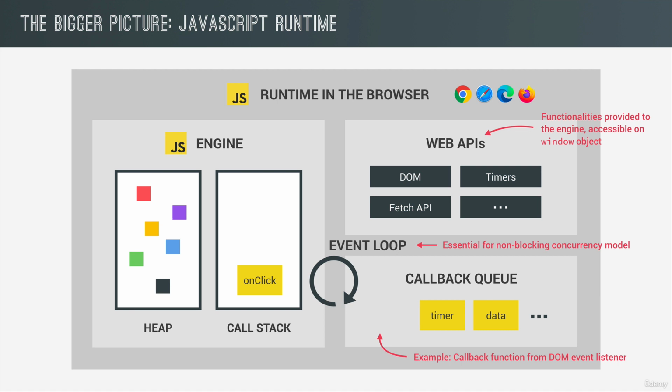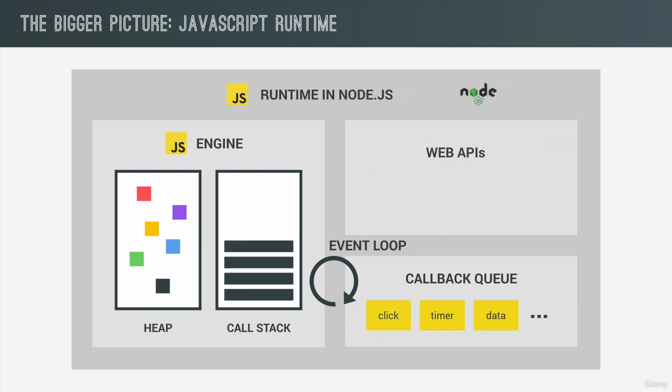All right, so as I already said, the focus in this course is on JavaScript in the browser, and that's why we analyzed the browser JavaScript runtime. However, it's also important to remember that JavaScript can exist outside of browsers, for example in Node.js. And so here is what the Node.js JavaScript runtime looks like.